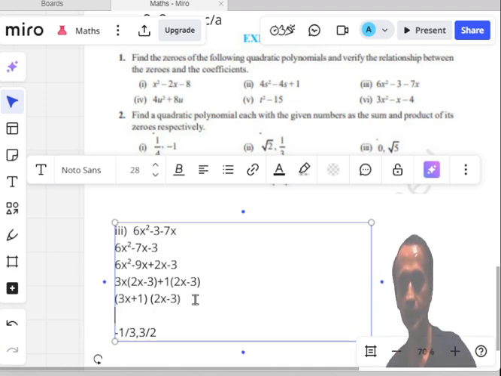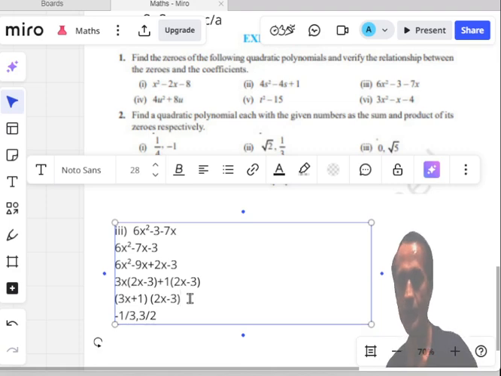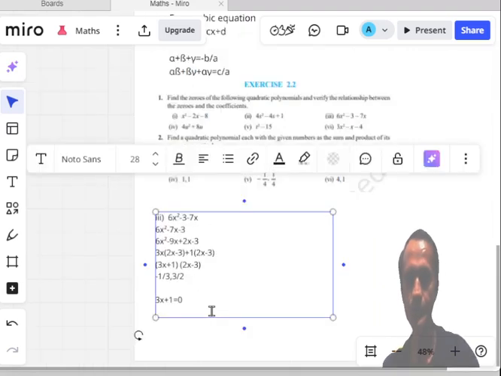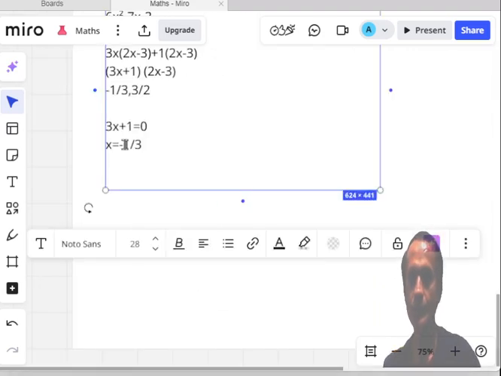If you want, I'll explain how I found minus 1 by 3. See, this equation can become 0 if either of 2x minus 3 or 3x plus 1 is 0. If either factor is 0, then the product will come out to be 0.